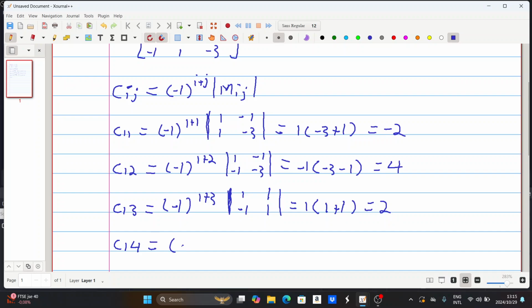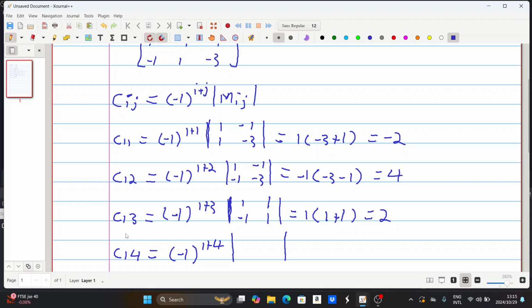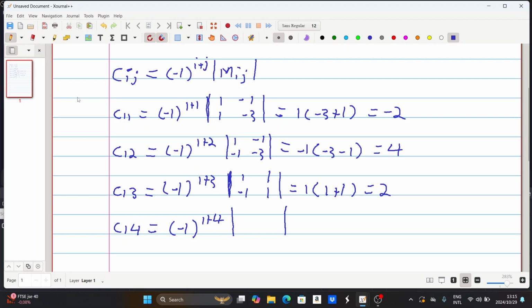And then we're going to have the cofactor 1, 4, which is going to be minus 1 to the power of 1 plus 4. Actually, I made a mistake there.